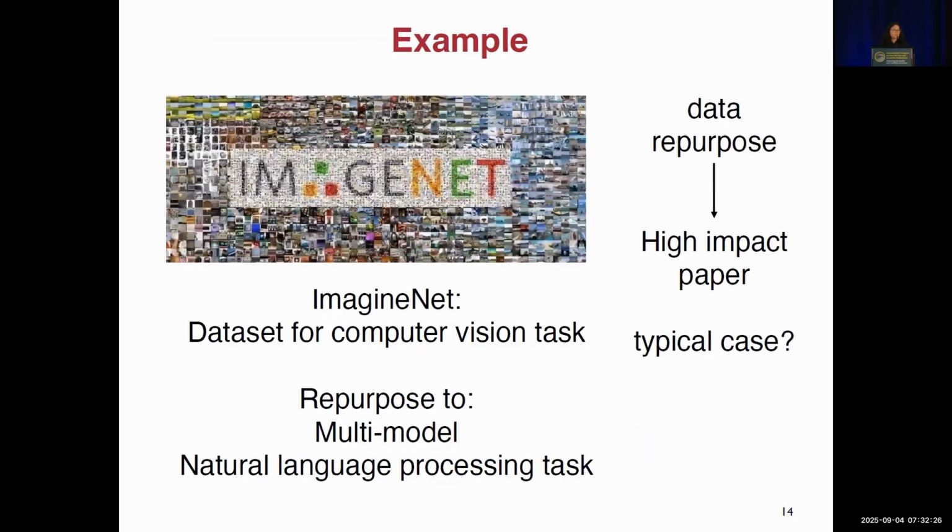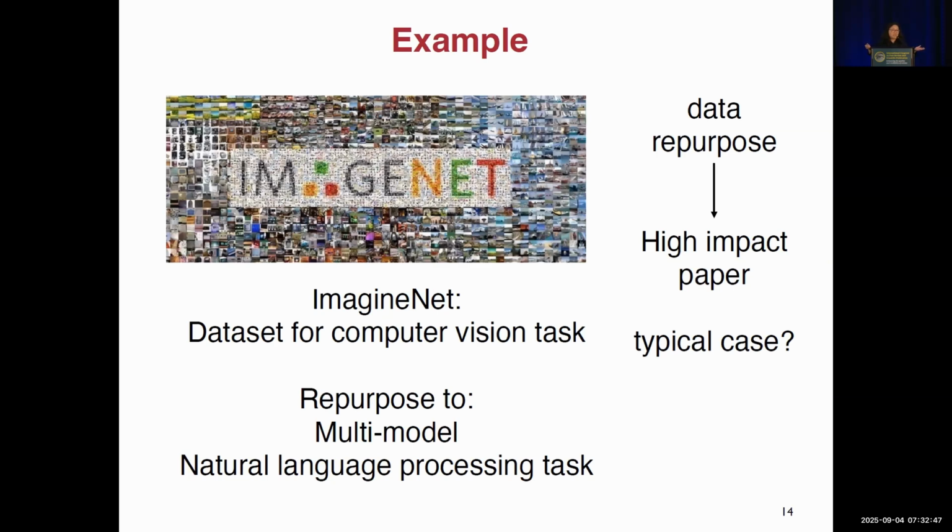Let me give you an example using a classic dataset in computer science called ImageNet. ImageNet is millions of images with a lot of labels like elephant, shark, and people usually use this type of dataset to classify images and do facial recognition.